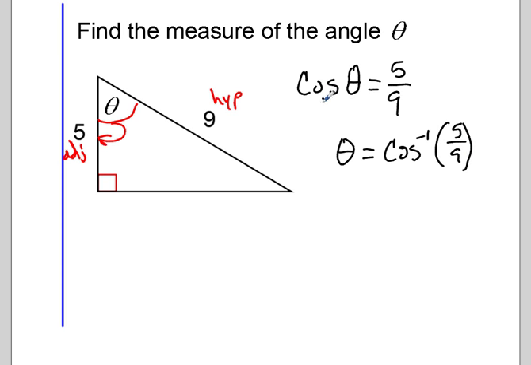Notice by moving the cosine to the other side, we now have the inverse. So let's do this in our calculator. The inverse cosine of 5 over 9 is equal to 56.3 degrees.